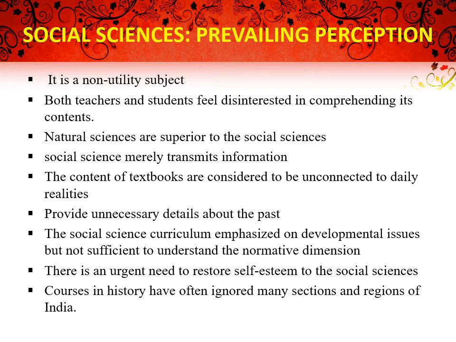And as a result, low self-esteem governs the classroom transaction process with both teachers and the students feeling disinterested in comprehending the contents. So from the initial stages of schooling, it is often suggested to students that the natural sciences are superior to the social sciences and are the domain of bright students.